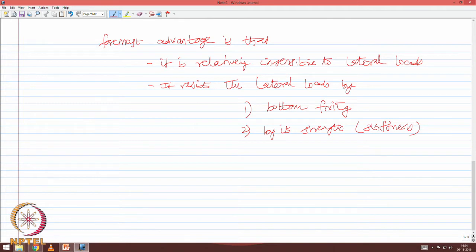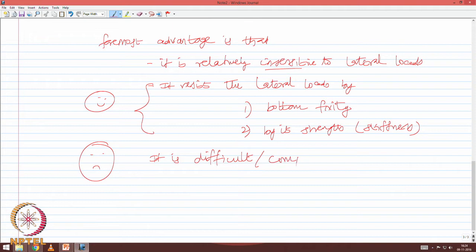If you feel happy that the structural system is insensitive by virtue of these two actions, it may be a good point, but the associated negative point is that it is difficult or complicated to install these platforms. Installation is tedious and complex.